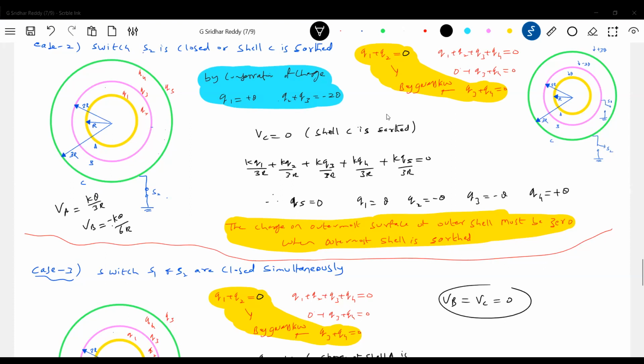Others, you verify the values of potential of shells A and B when shell C is earthed. So these are the values proposed. Meghana, are they correct? Yes, sir, I'm getting that. Okay, fine, Meghana. Others, you can verify later on.